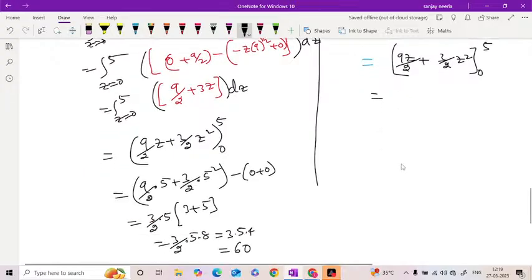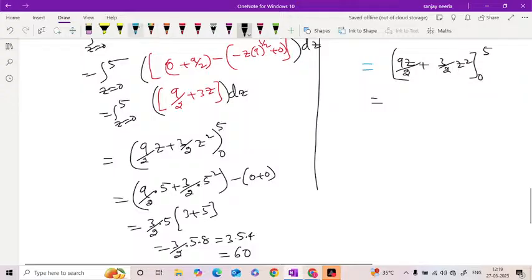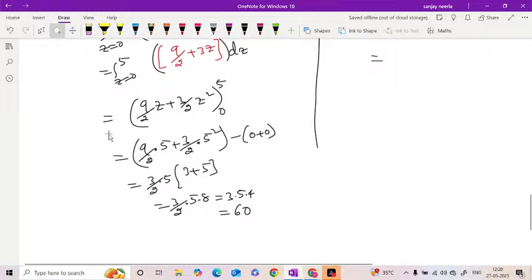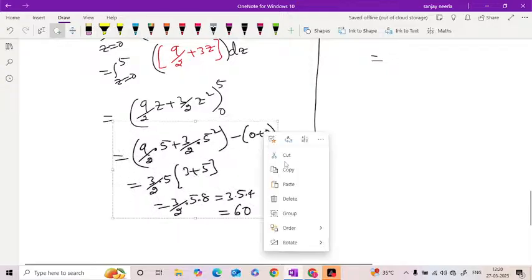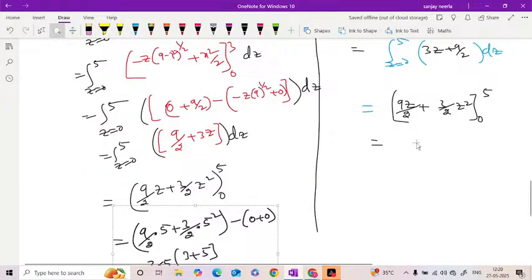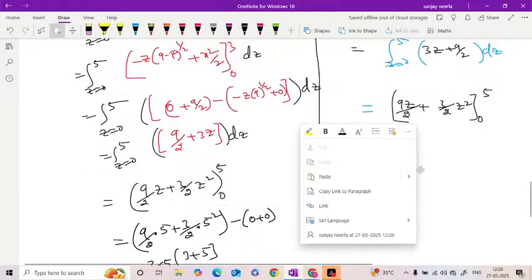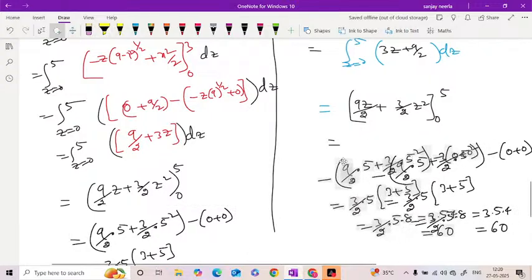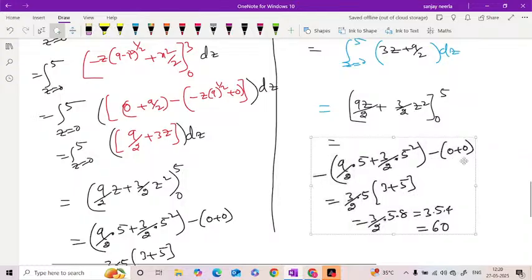I am writing this again, copied and pasted. So this is the result, and 60 is the answer.